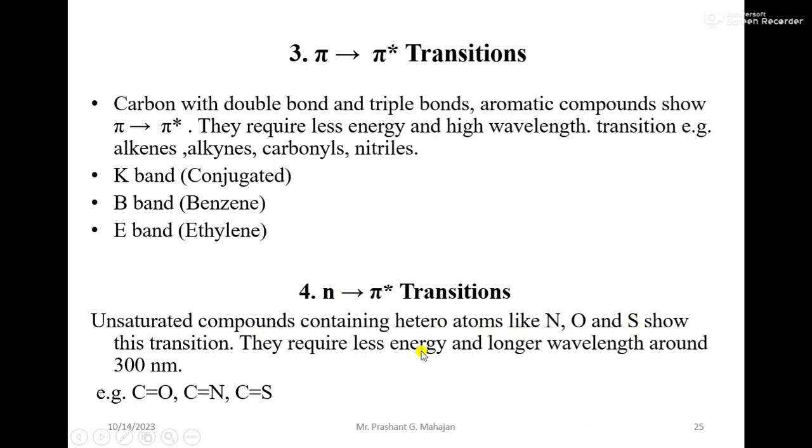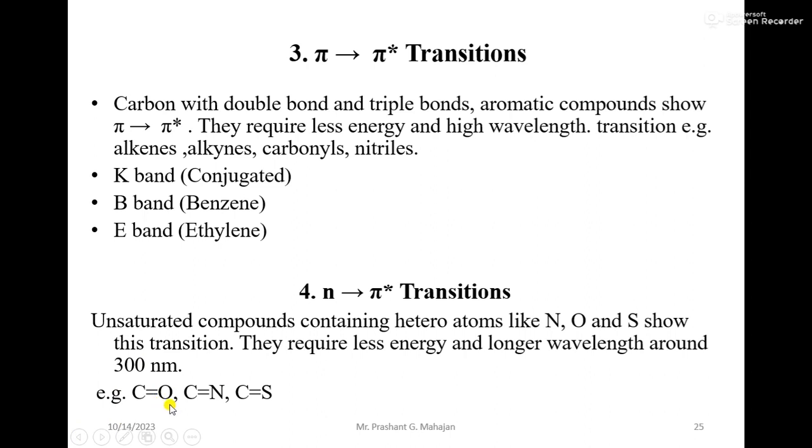The required energy is less and longer wavelength around 300 nanometers. That means double bond with heteroatom is showing n to pi star transition, but it should have lone pair on heteroatom. You can see carbon double bond oxygen.